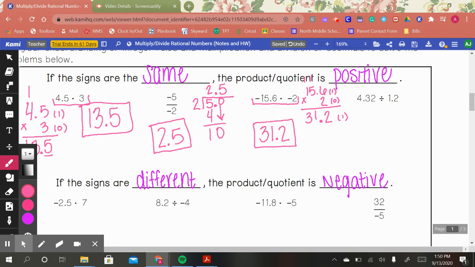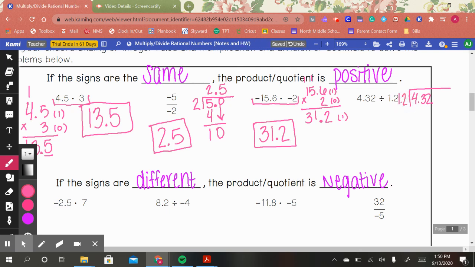Okay, here is the first time we're actually going to have to make sure our divisor is a whole number. So I am going to set up the problem, and I'm going to set it up 4 and 32 hundredths divided by 1 and 2 tenths.